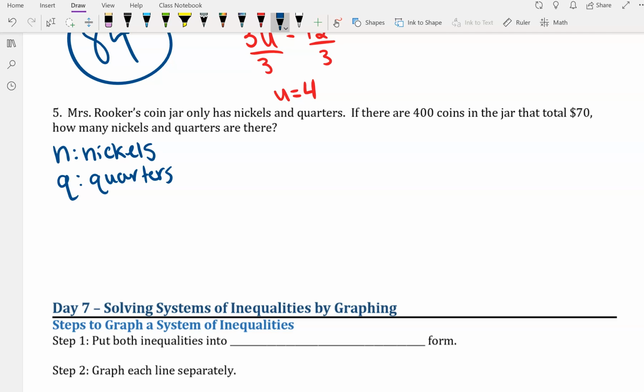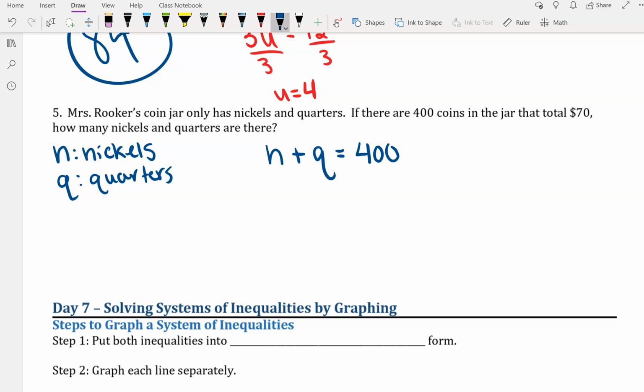I don't know how many nickels there are, and I don't know how many quarters there are, but I know that there are a total of 400 coins. So that's my first equation. It represents the amount of nickels plus the amount of quarters is going to be 400 total coins.